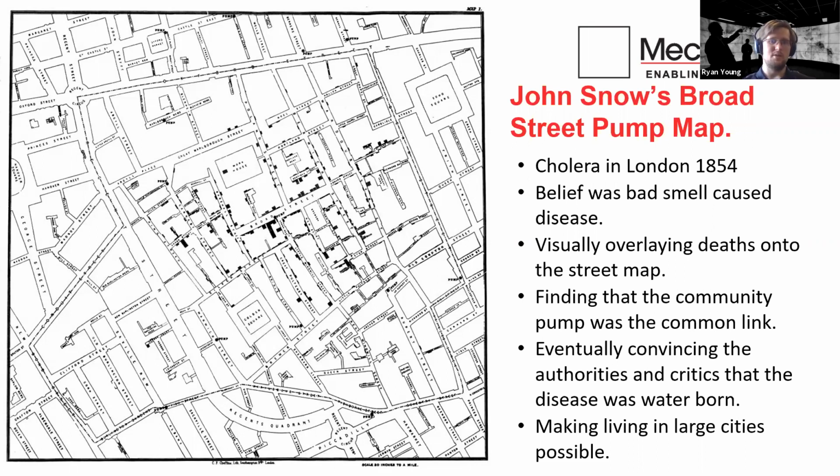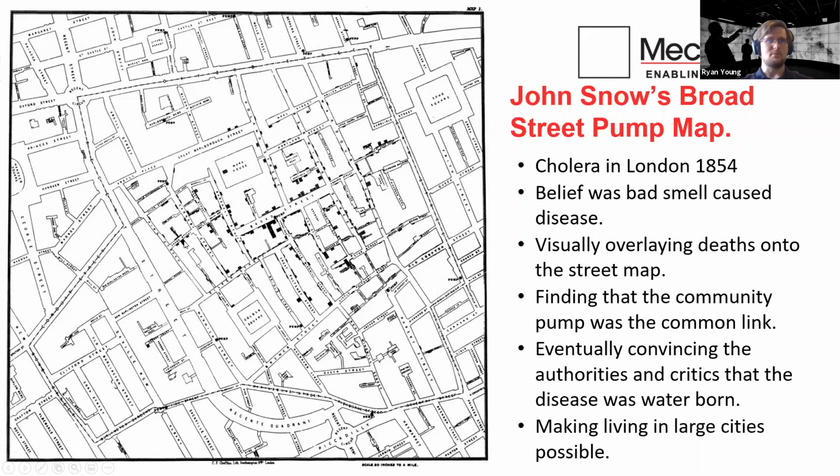What he decided to do was visually overlay the deaths per household onto a street map of the area. What you're able to see on the map are individual black bars, each black bar representing a death from cholera in a household.